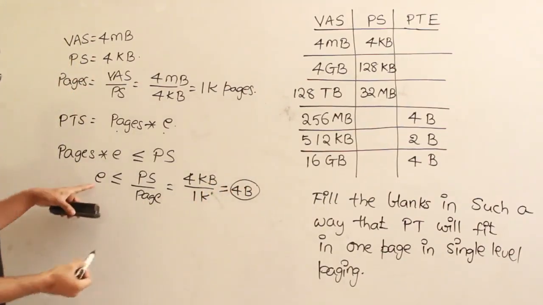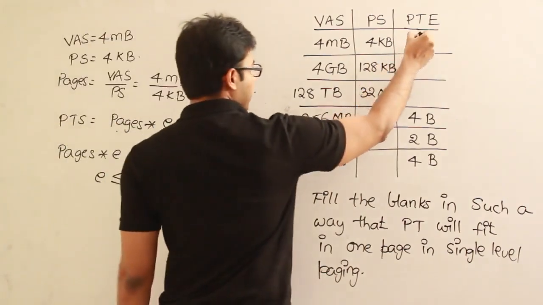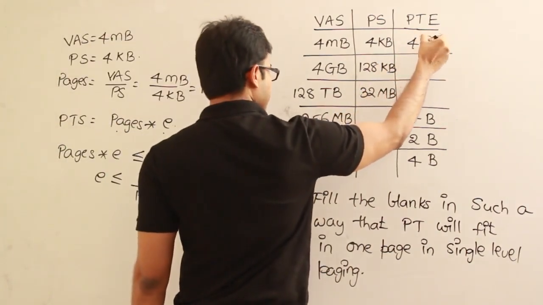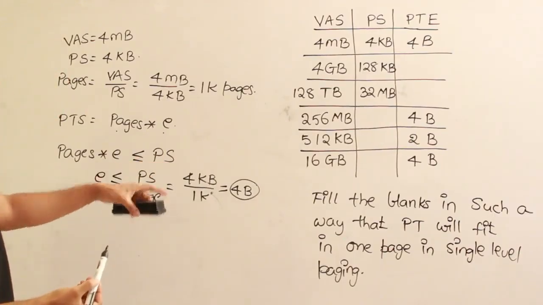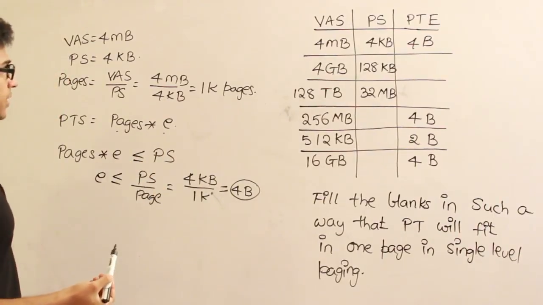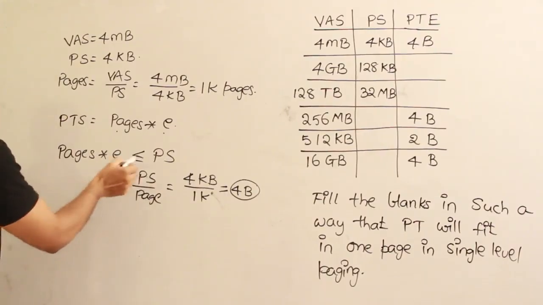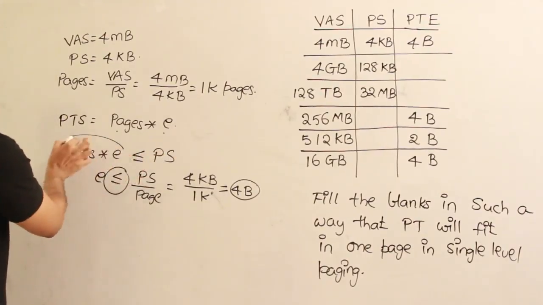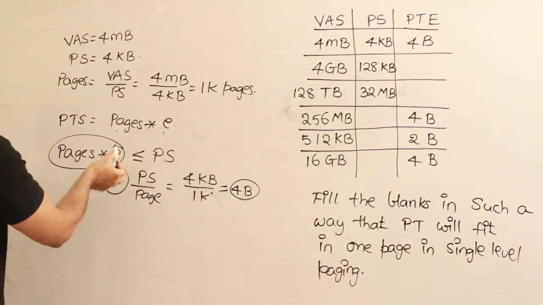Therefore what is the maximum page table entry size? You can go till 4 bytes. If you go till 4 bytes, then it will fit in one page. Understood this? Okay, so it is less than or equal to, because I am assuming that the page table has to fit in one page, right? Therefore it can be less than or equal to.